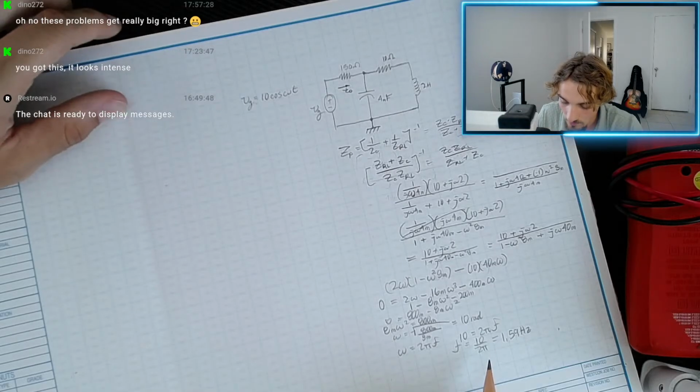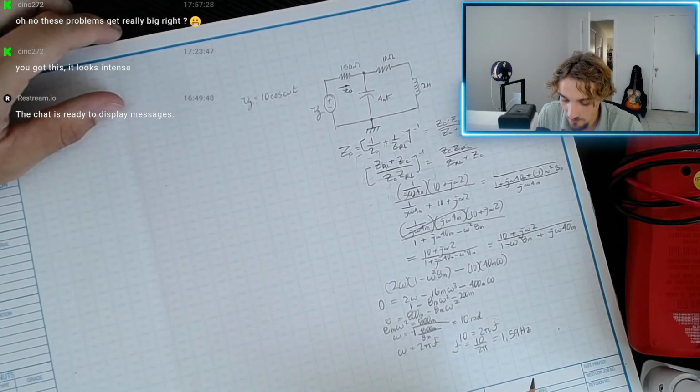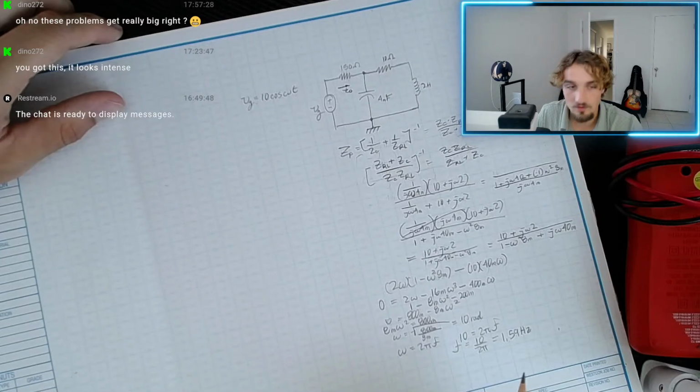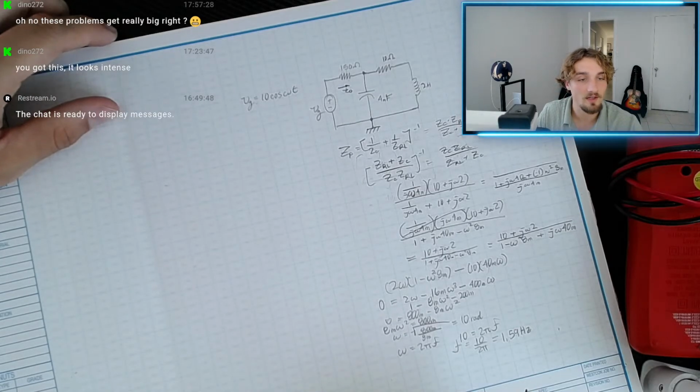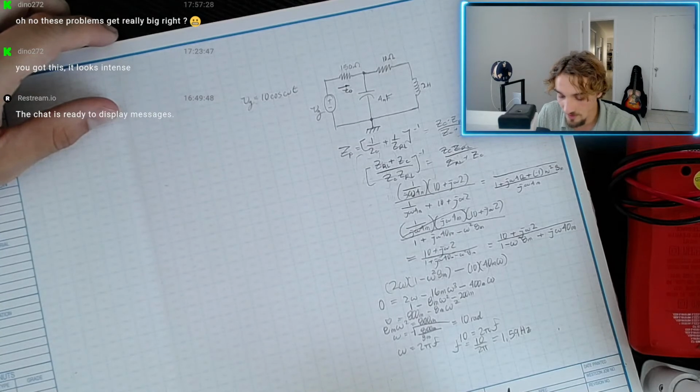Okay, and now we need to find the current. So this would be where, okay, now I can actually solve for the total impedance.